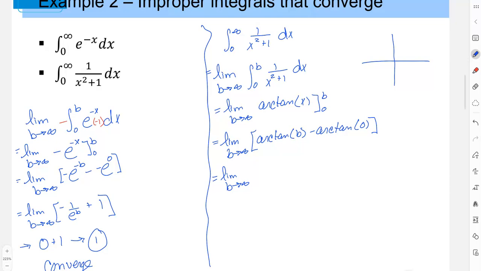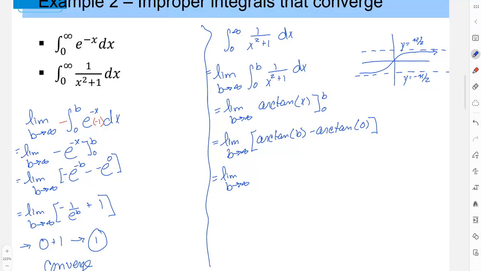Our arctan function, if you remember back to trig, looks something like this and is bounded between these asymptotes. This is the line y equals pi over 2, and this is the line y equals negative pi over 2. And the reason we've got horizontal asymptotes here, if you remember, we had to bound the tangent function so it would have an inverse function. And for tangent, we looked at it from the cycle from negative pi over 2 to pi over 2.